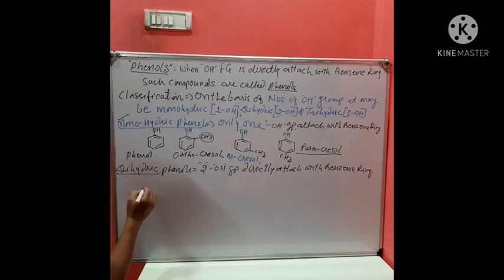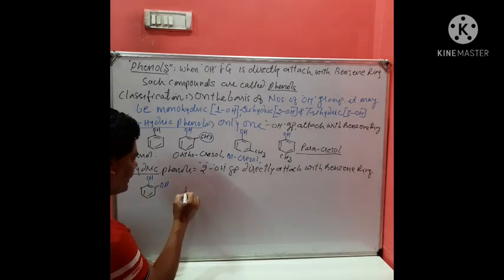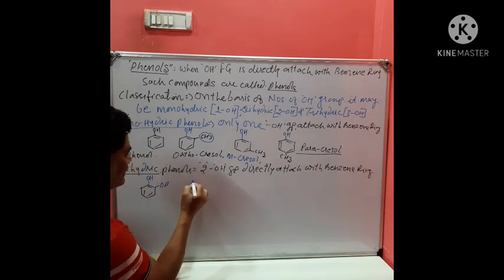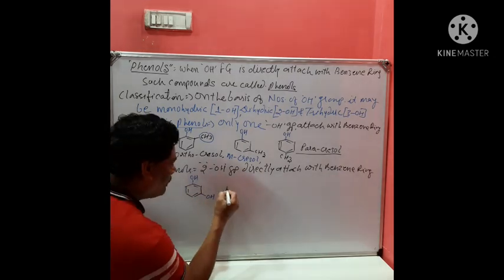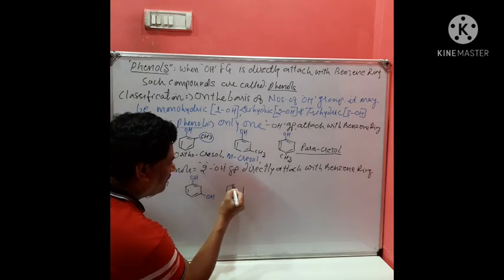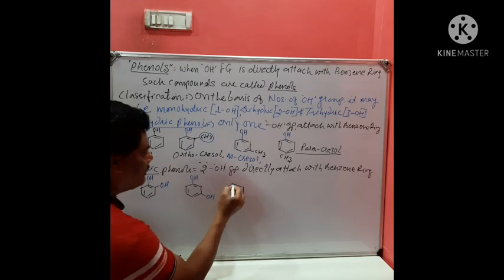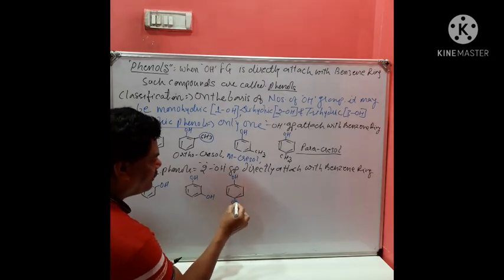Two OH group, like here one OH attached here and the second OH attached here, isn't it? So two OH are directly attached. Their position may be changed. Like again, if I can draw, here is OH and again one OH is here, and one more possibility is there. What? Benzene ring. First OH is here and the second OH is here.